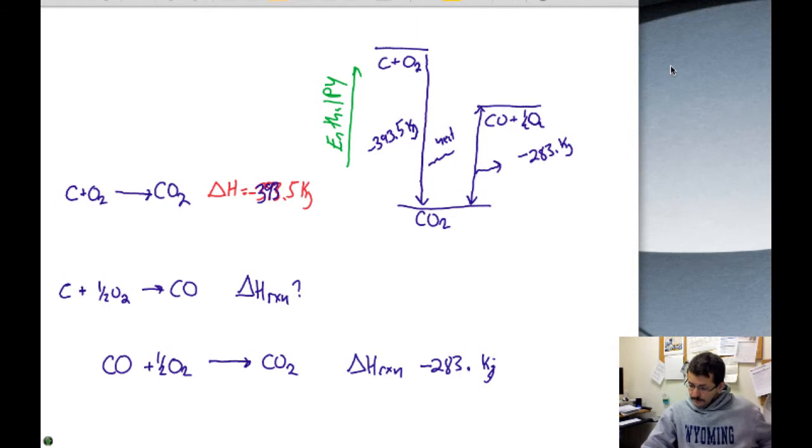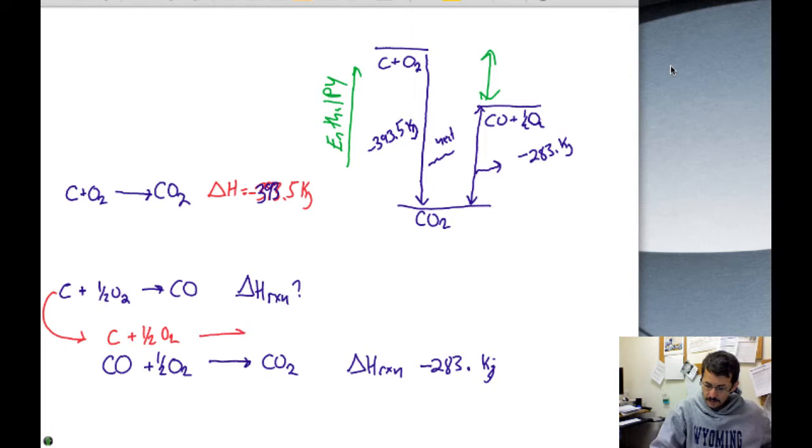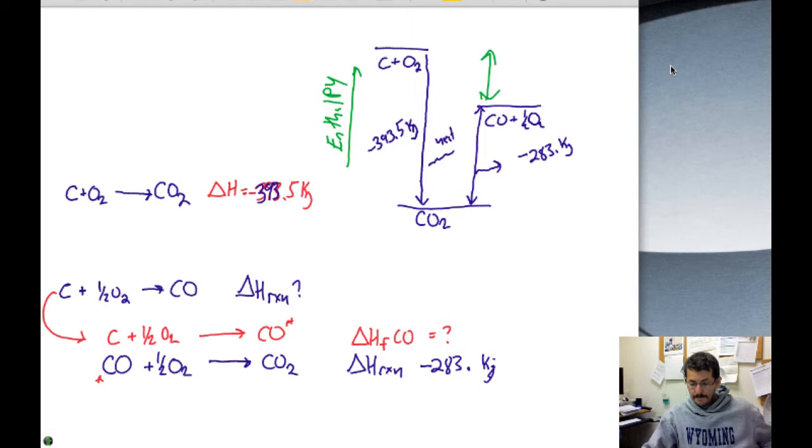But Hess's law says that we can actually do reactions stepwise. If you take a look at this reaction, carbon plus 1/2 O2 going to CO, you'll see that they share common products and reactants. And there's a delta H associated with this, delta H formation of CO, that we don't know.